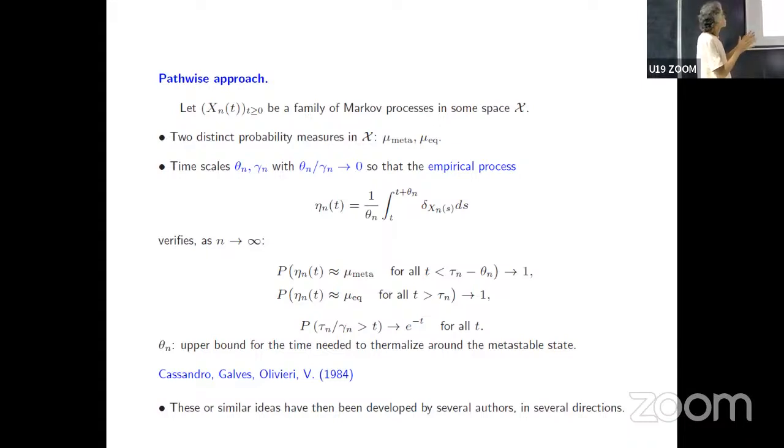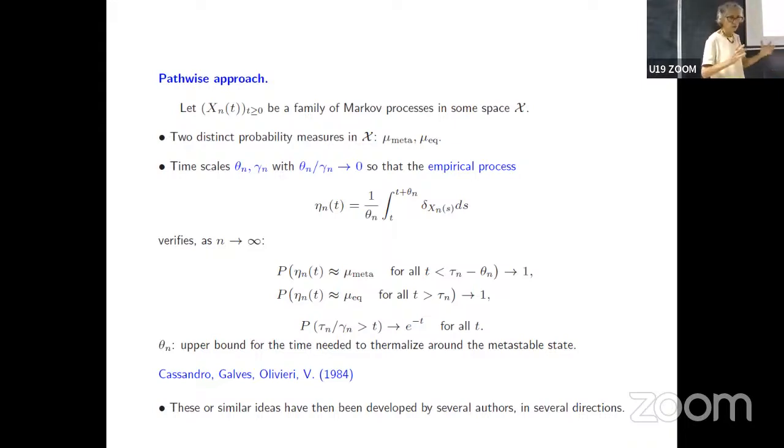On this space X, you have 2 probability measures. One that I call mu metastable, and mu equilibrium. There are 2 measures. And I find two time scales, theta_n and gamma_n, theta_n being much smaller than gamma_n.